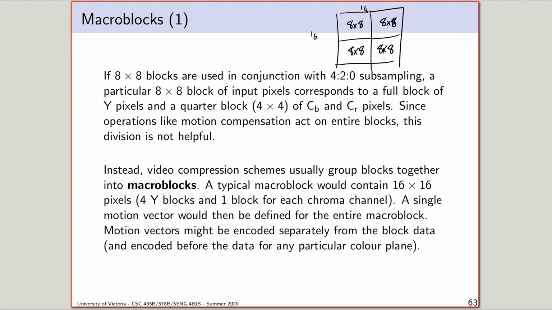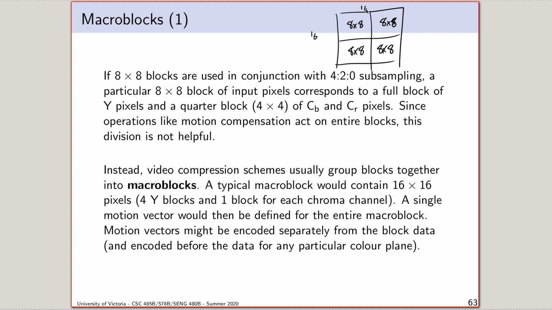That means if you talk about a macroblock, you are talking about 4 Y blocks, 1 CB block and 1 CR block. Often operations in MPEG and other compressors, but the MPEG family, are done per macroblock. So you might compute one motion vector for every macroblock, not one for each 8x8 block.